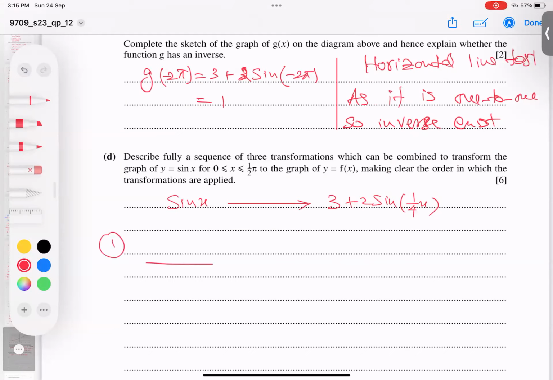Number one, what is inside? Make sure the inside is always a stretch parallel to the x-axis. Whenever it is in the bracket, it is called a stretch parallel to the x-axis. But if a multiplication comes outside, it is called a stretch parallel to the y-axis. So what does 1/4 represent? A stretch parallel to the x-axis.